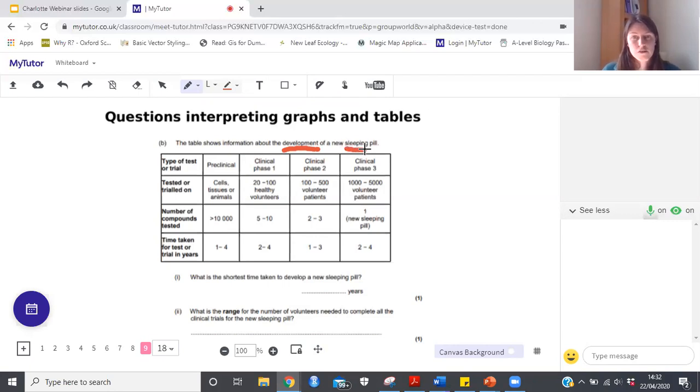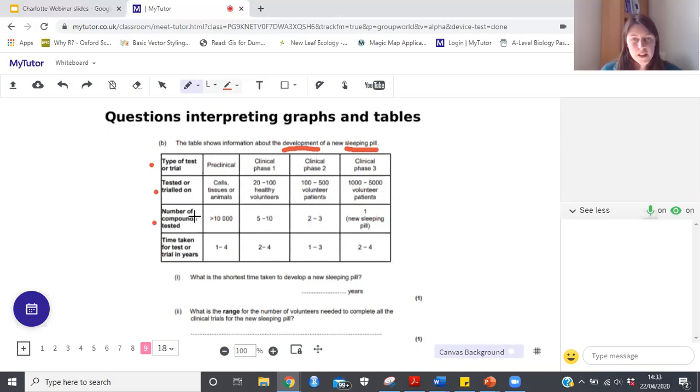So the pill is for sleeping, so we know the function of it there. There's 4 rows: type of test or trial, preclinical, clinical phase 1, clinical phase 2, and clinical phase 3. Tested or trialed on cells, tissues, or animals. 20 to 100 healthy volunteers, 100 to 500 volunteer patients, 1,000 to 5,000 volunteer patients.